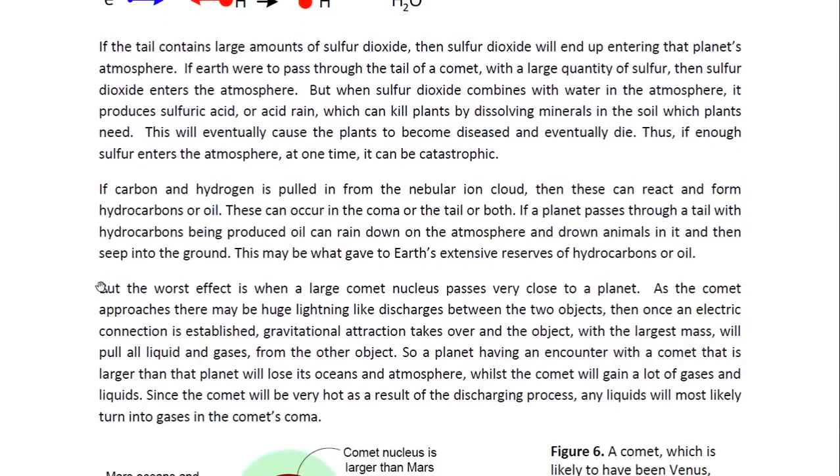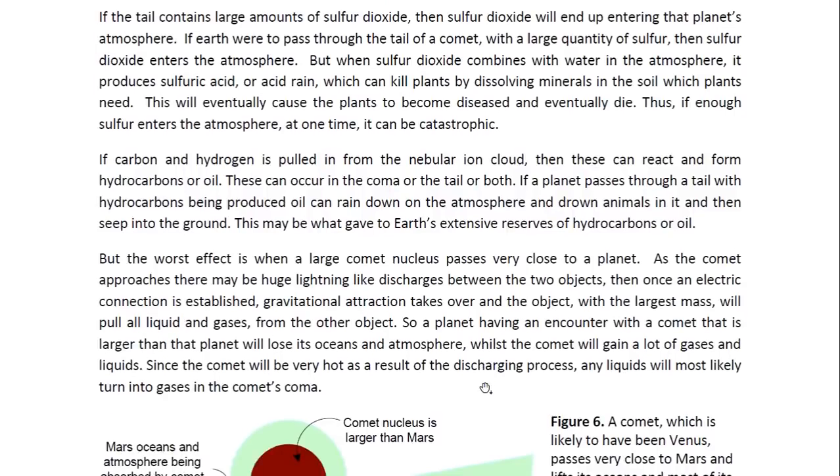Now, the worst impact is actually when a large comet nucleus passes very close to a planet. As the comet approaches, there may be huge lightning-like discharges between the two objects. Then, once an electric connection is established, gravitational attraction takes over, and the object with the largest mass will pull all liquid and gases from the other object.